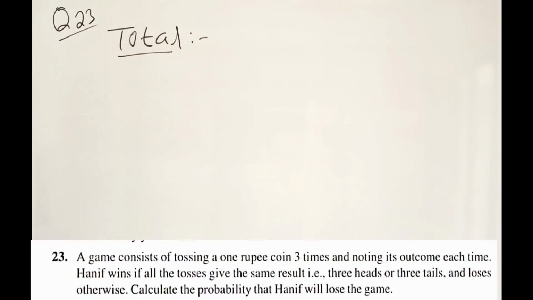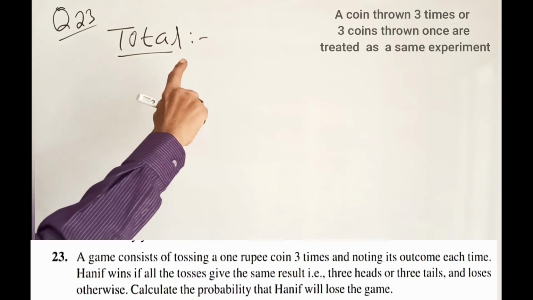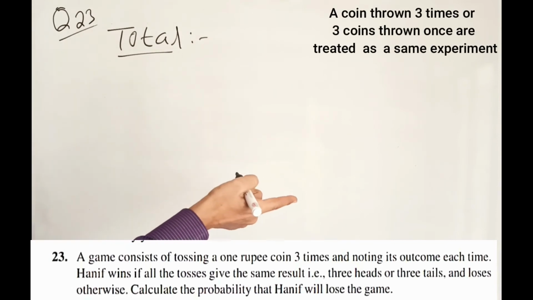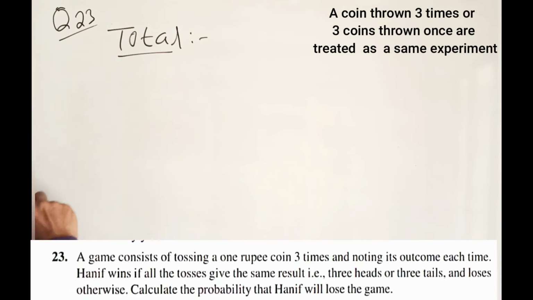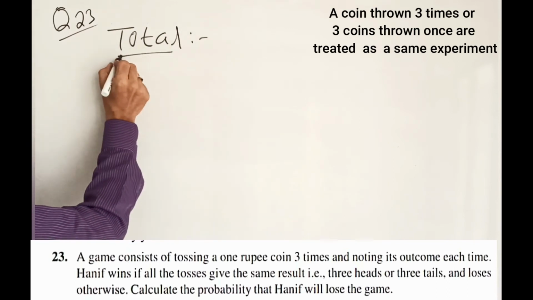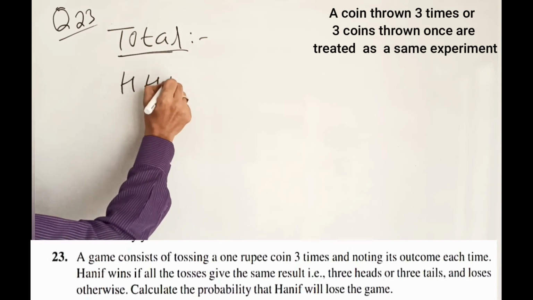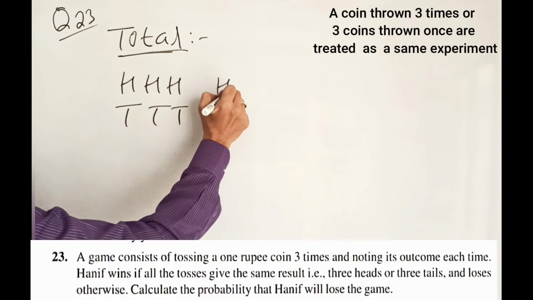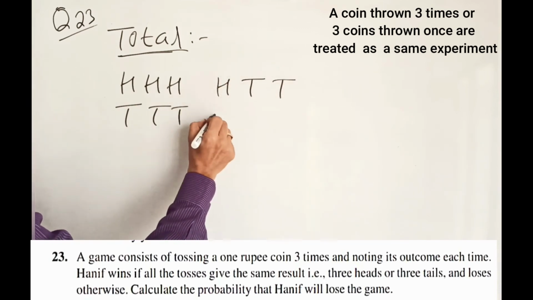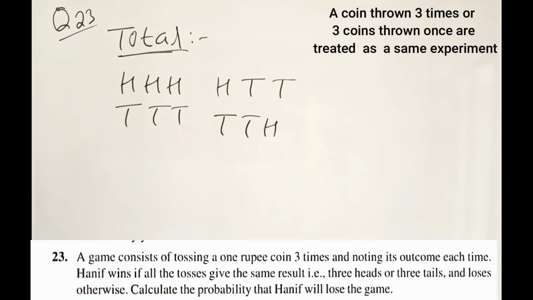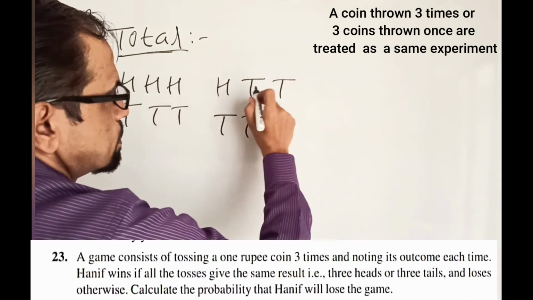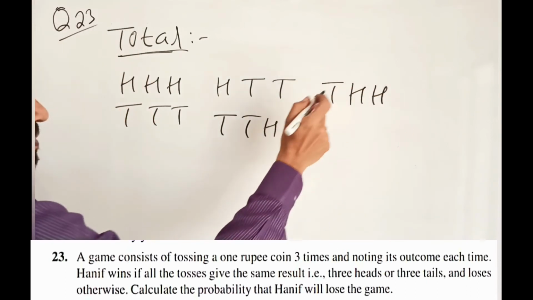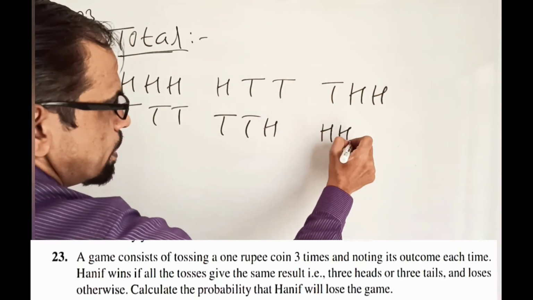Listen, one thing I want to clear, student. In this question it is given that 1 coin is thrown 3 times. It may be as 3 coins thrown one time. So both are the same experiment. So we will consider the head and tail first of all the same, then head tail and opposite of this one tail head. Then the opposite of this one tail head, and opposite of just this one head tail.